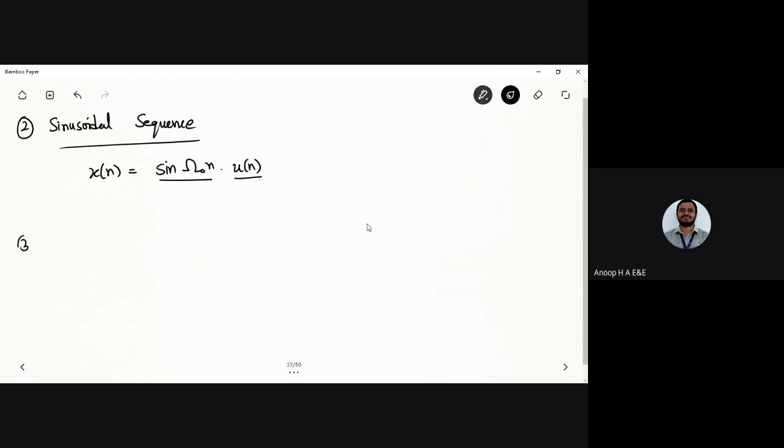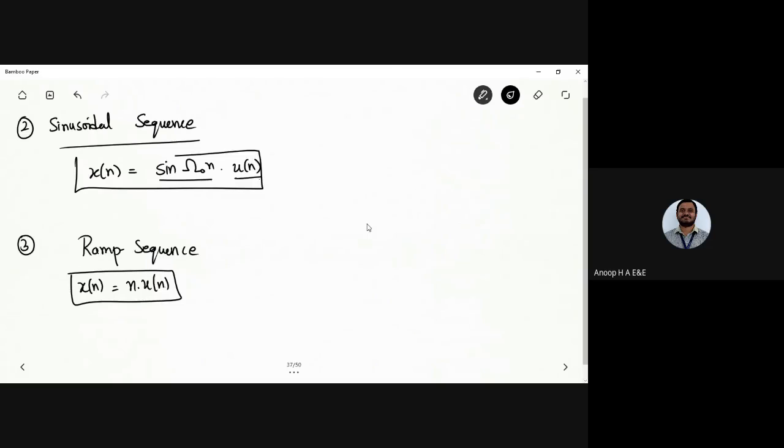The third one is the ramp sequence, x of n being n into u of n. We will discuss these 2 signals in detail, the sinusoidal sequence and also the ramp sequence, x of n equal to n into u of n.